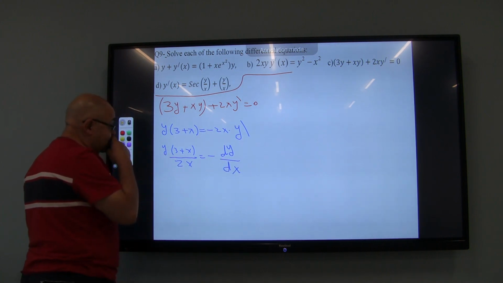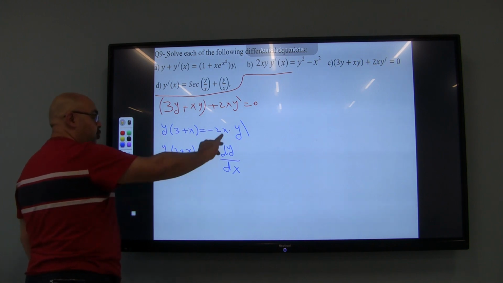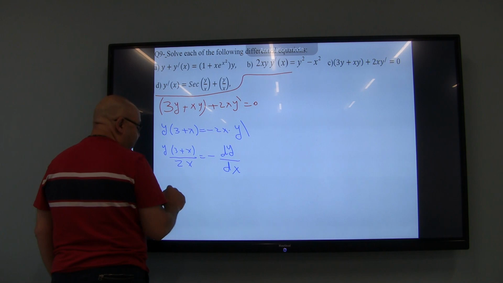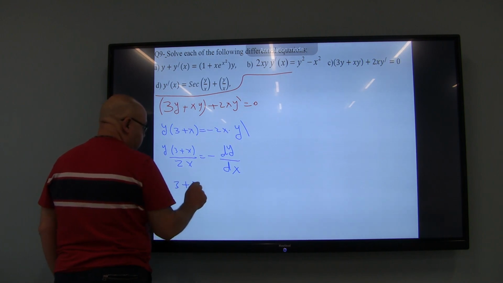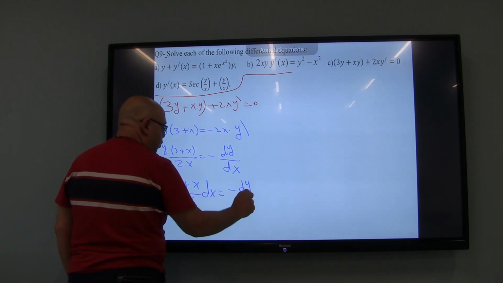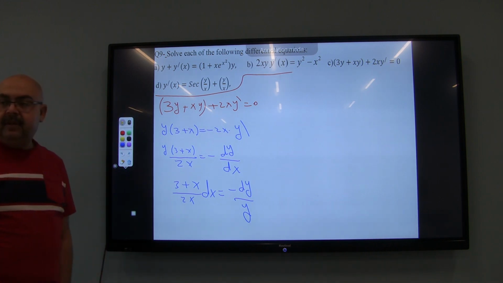Yes? Then dividing by y and multiplying by dx, it can be rewritten as 3 plus x over 2x dx equal to negative dy over y. Am I correct? You can see it is separation of variables.